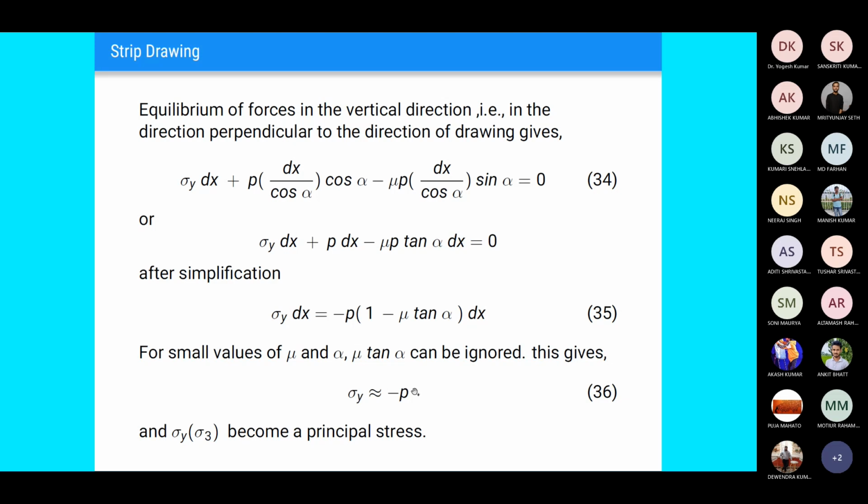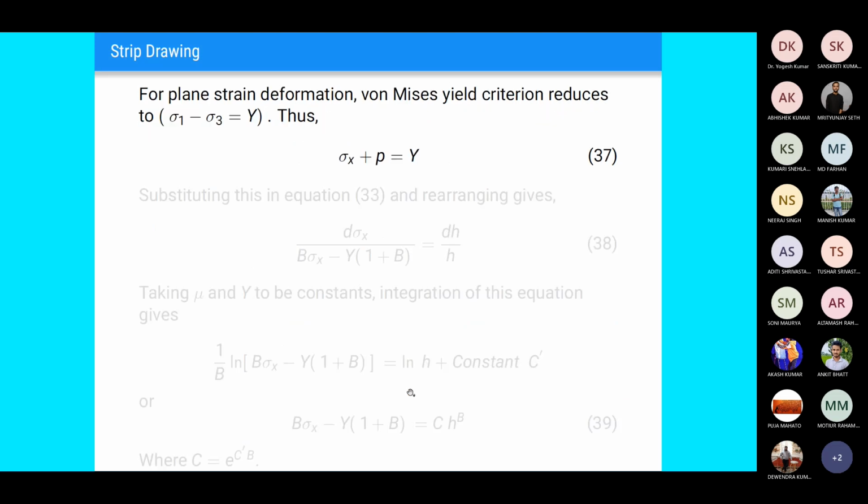Okay, because sigma y is what? Sigma y is your principal stress. So you can use this term in the von Mises yield criteria. So we have found sigma 3. Sigma 3, or you can say sigma y, is approximately equal to minus p. Yes, I was talking about one yield criteria, so we remember the yield criteria.